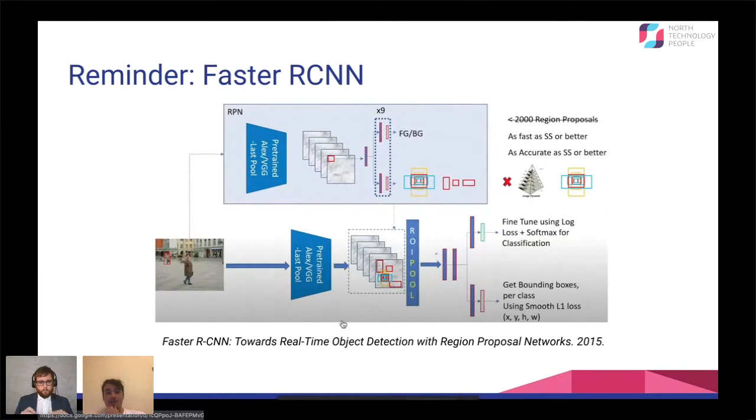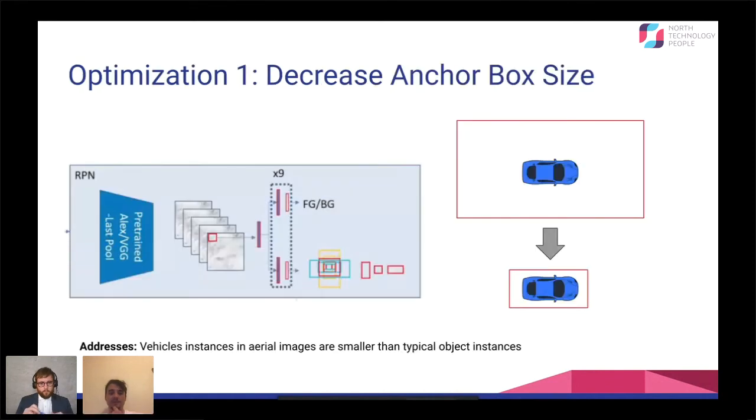Basically, this is the architecture that we're working with. We're just going to fine-tune it a bit specifically for the context of vehicle detection. So the first thing to do is in the region proposal network, we have what are called anchor boxes, which are applied at each activation in the feature map. They basically act as initial predictions of where an object may occur.